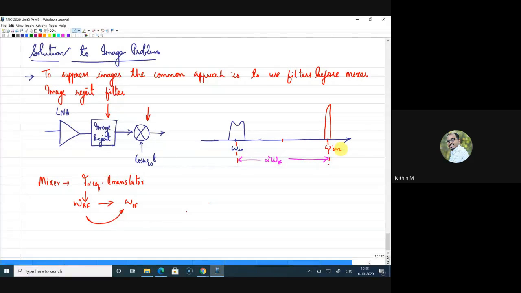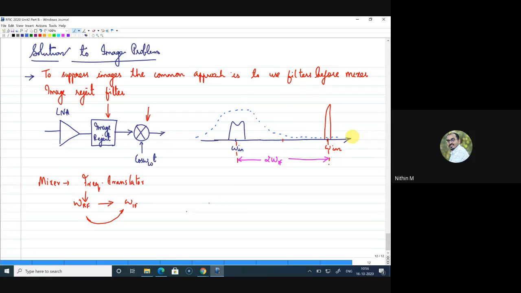My question here is, if I want to have an image reject filter before the mixer, and this filter has to reject the image, how do I give some relaxation on the filter requirement? Say I want to take out only this omega in, so I'm looking for a filter with this kind of response.